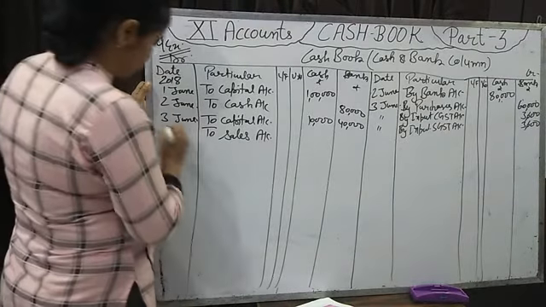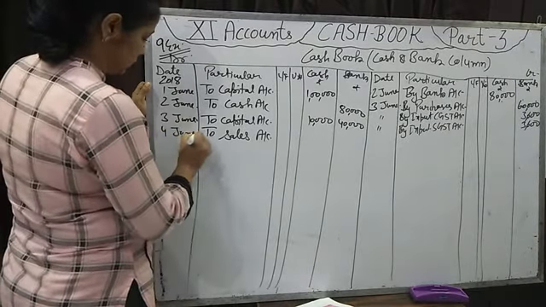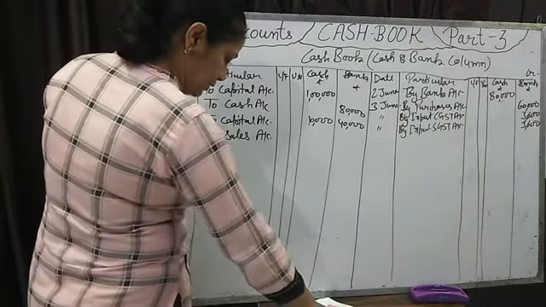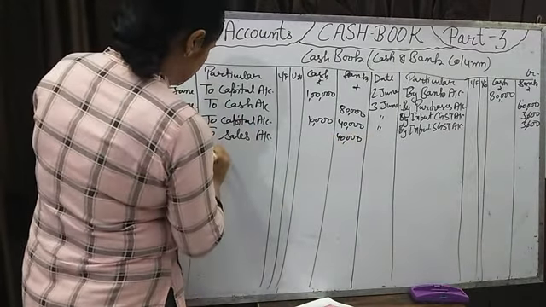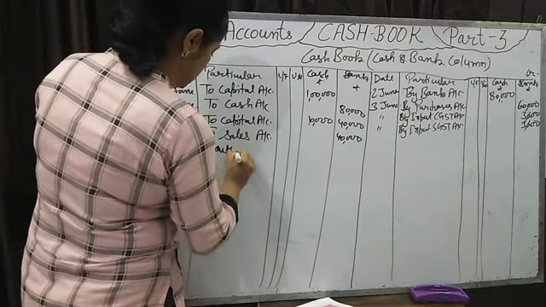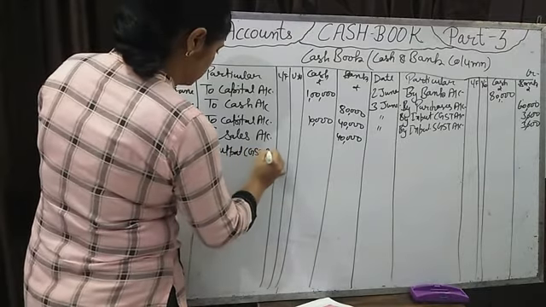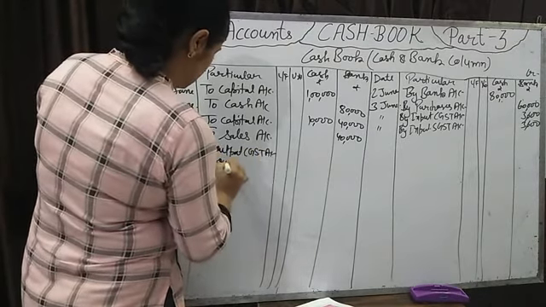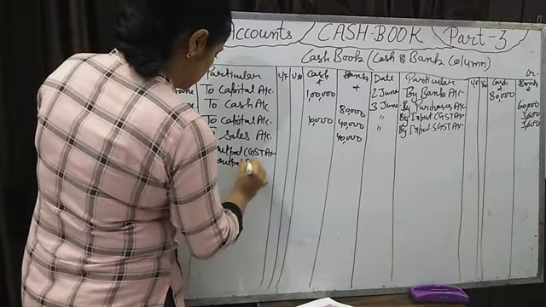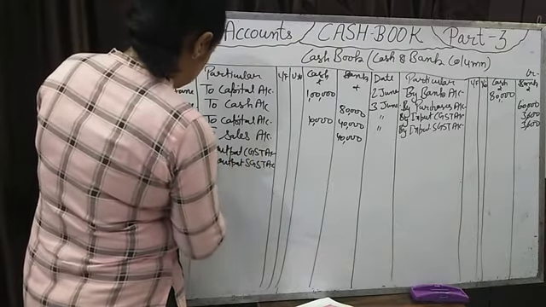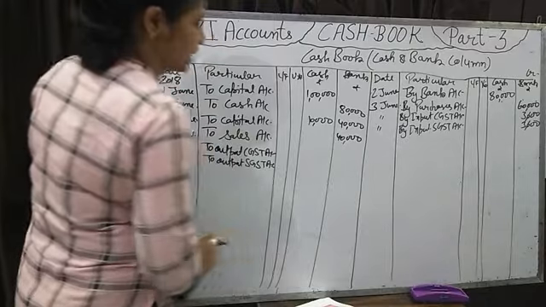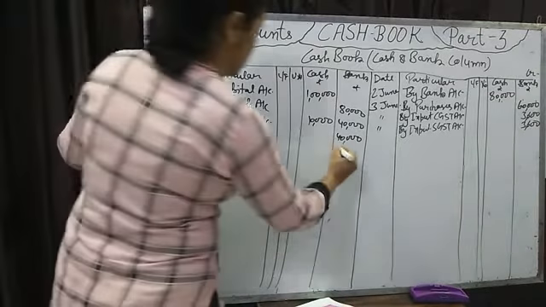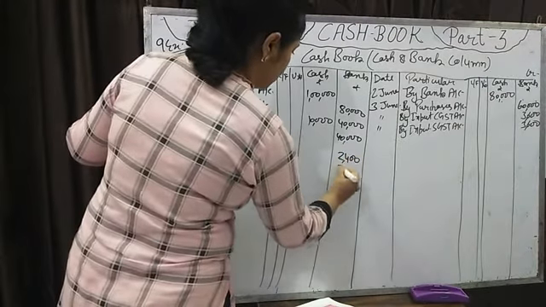The date is 4th June, sale 40,000, and received GST is known as output CGST account and output SGST account. Same date. GST percentage 6%, 6% of 40,000 is 2,400.